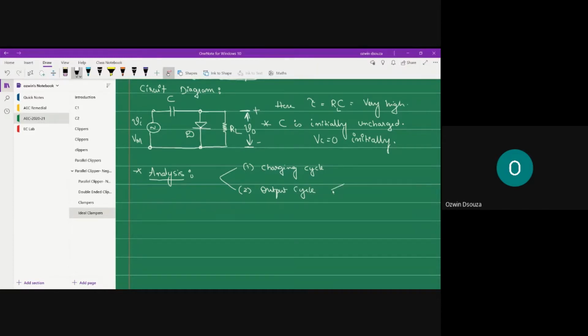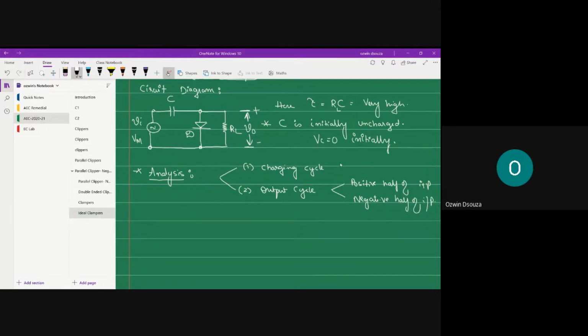So in the output cycle, what we do, we analyze the circuit for the positive half of the input and the negative half of the input.